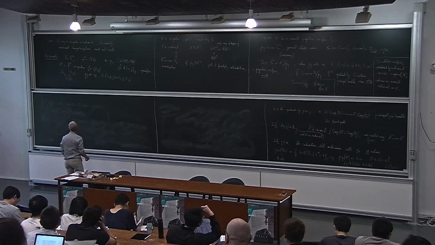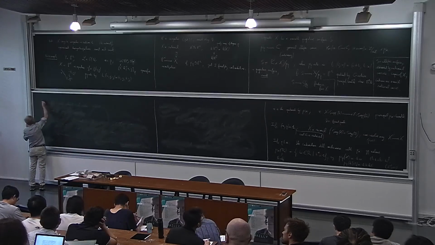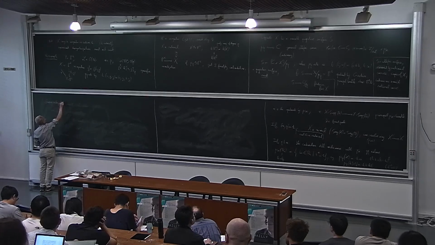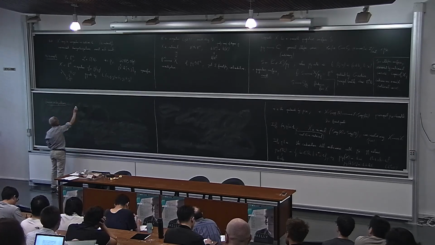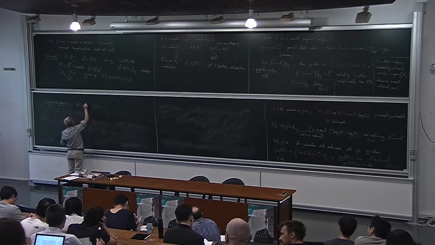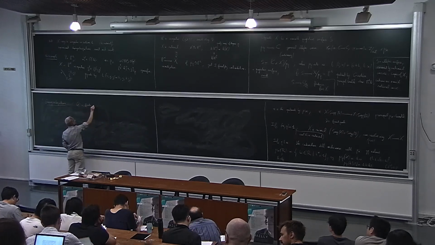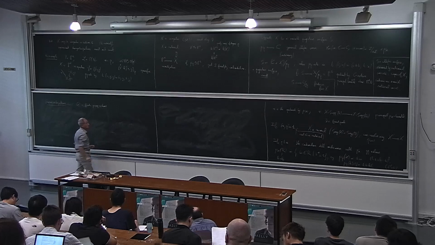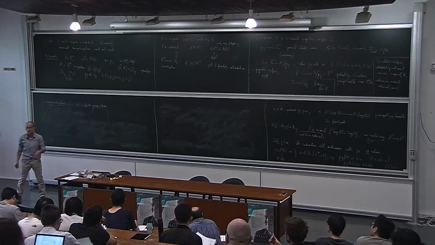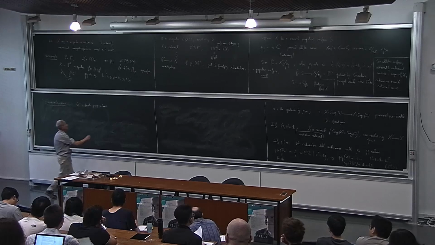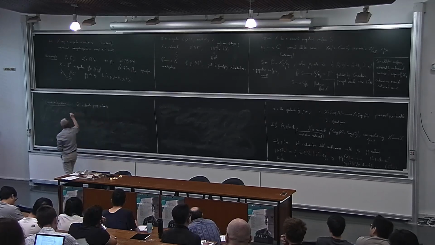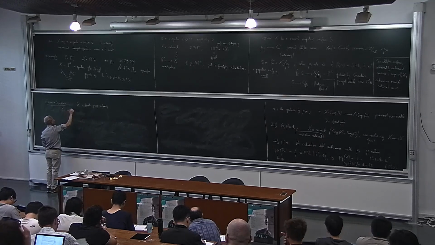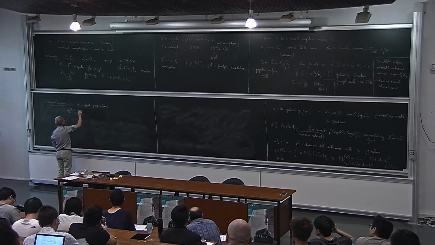Okay, so let me try some generalizations of this construction. You may safely work with mu p if you're not too familiar with this object. And we'll consider a curve with a G action.